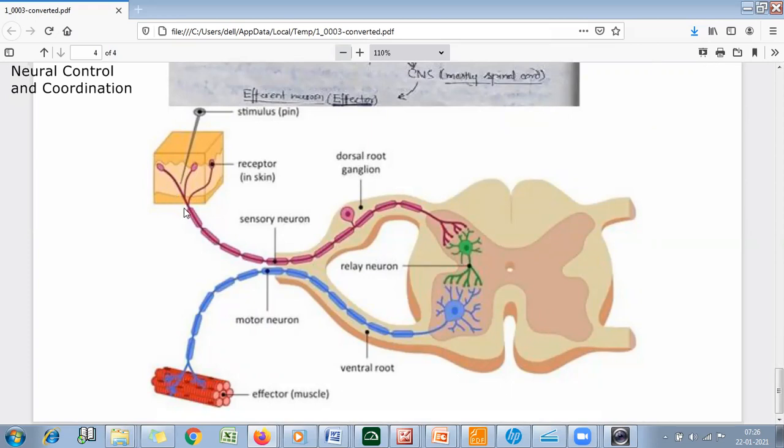Now this impulse will be sent to the central nervous system by these sensory neurons or receptor neurons. Now the action will be decided, what to do, by the central nervous system and especially by the spinal cord, and the order will be given to this muscle or effector organ by this motor neuron or effector neuron. So this makes an arc, called the reflex arc.